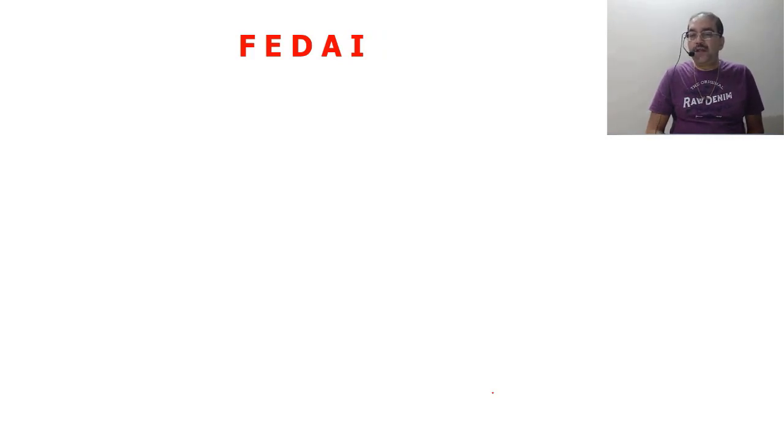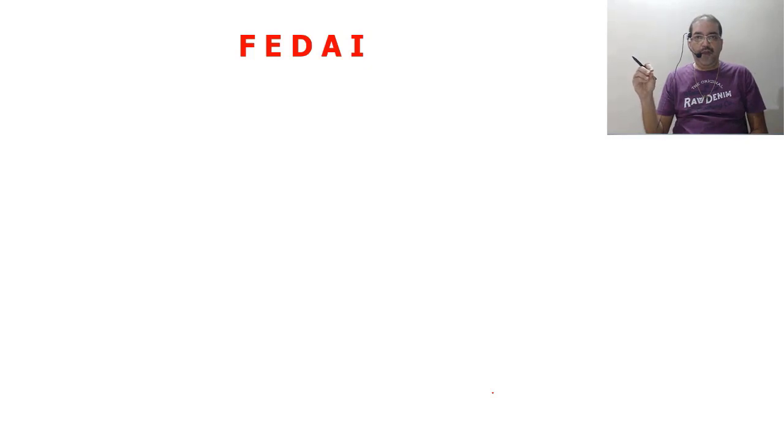Now let us come to FEDAI. What is FEDAI? See, every professional group of people, whether it is doctors, chartered accountants, cost accountants, company secretaries, lawyers, all of us have a professional body which governs us.